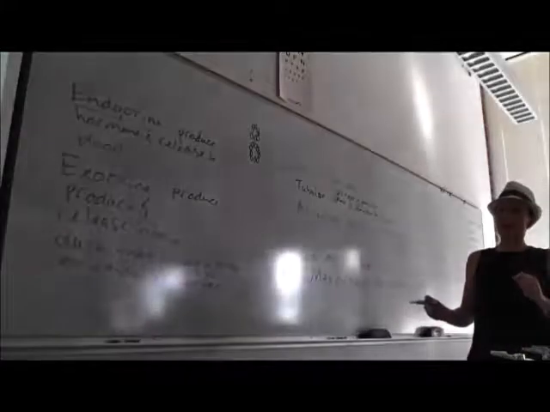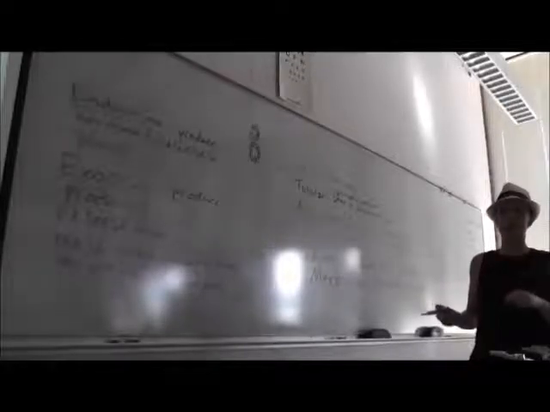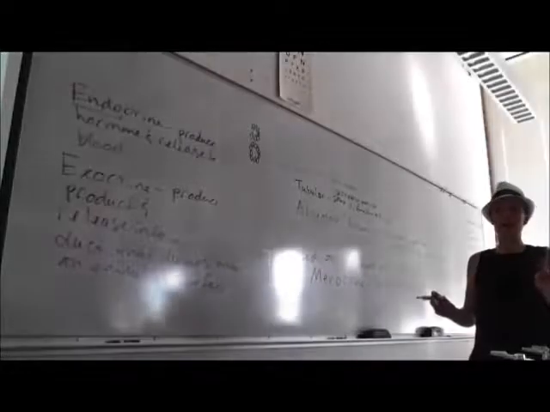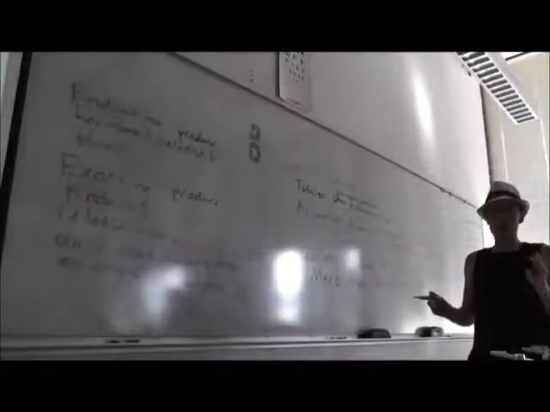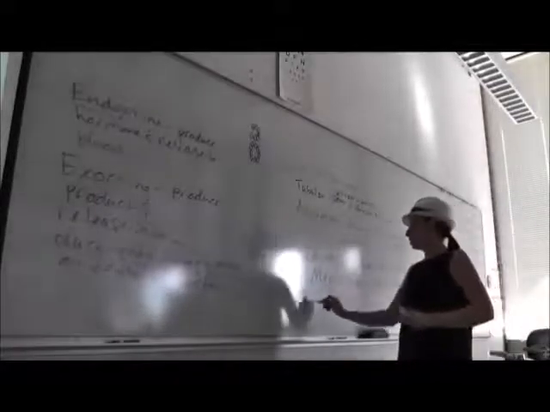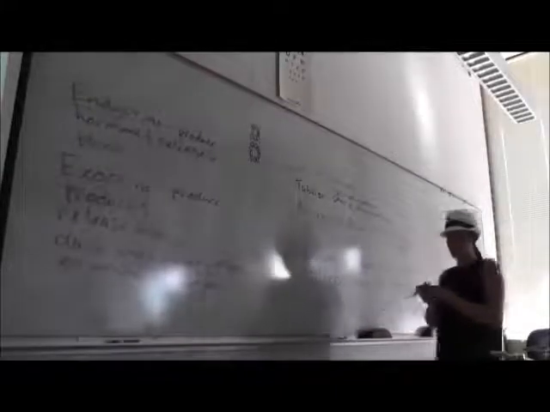The second way that we can classify exocrine glands based on method of release is what's called holocrine glands. And holocrine glands are weird because they accumulate their product and then the whole cell ruptures, releasing that product and cell fragments into the duct. So holocrine is kind of gross.